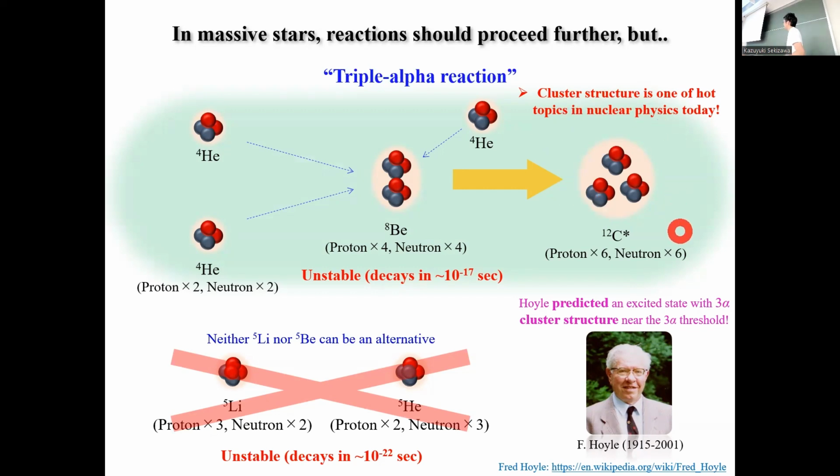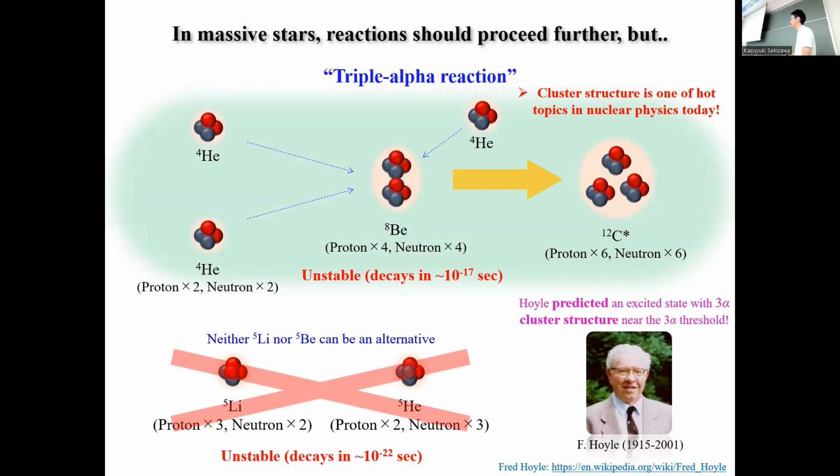Let me just mention that with the Hartree-Fock approach, we have one single mean field potential, and we put some neutrons and protons. This is like a shell model picture. But it is actually difficult to describe this kind of clustering state.